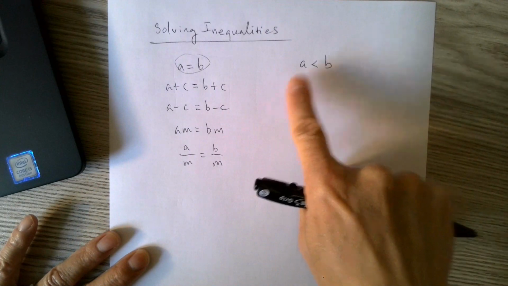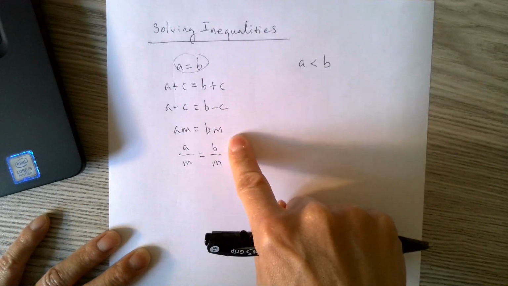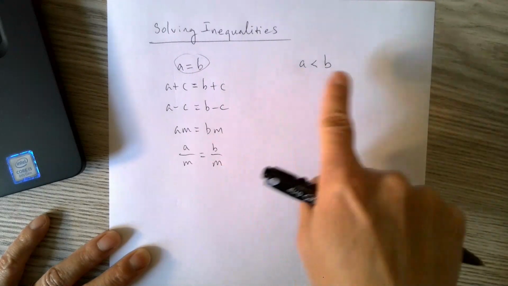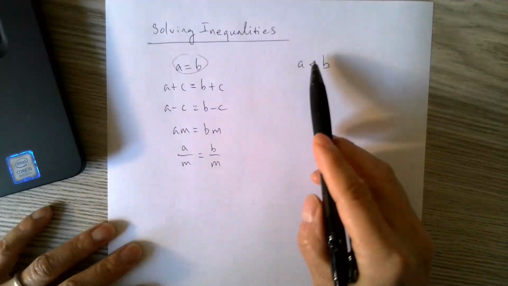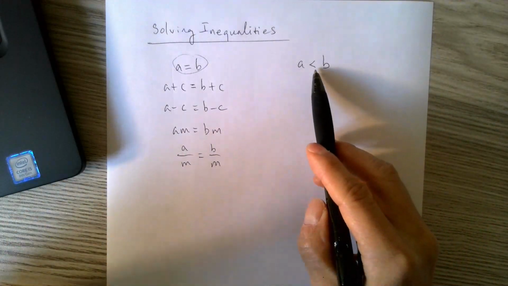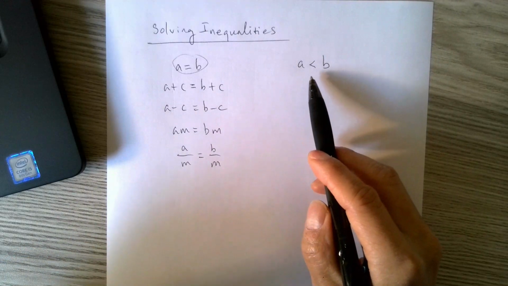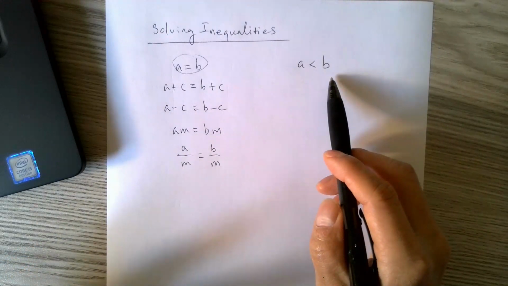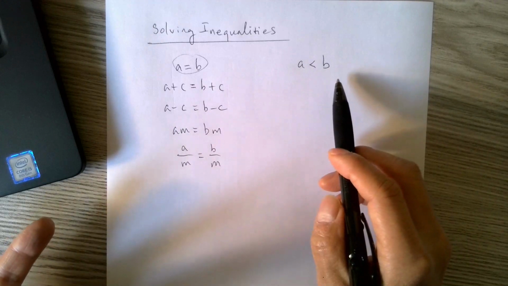So if we take an inequality and we add or subtract or multiply or divide something on both sides, the question is, what happens to the inequality? Is the inequality preserved? Is the left side still less than the right side? Or is the left side now greater than the right side?